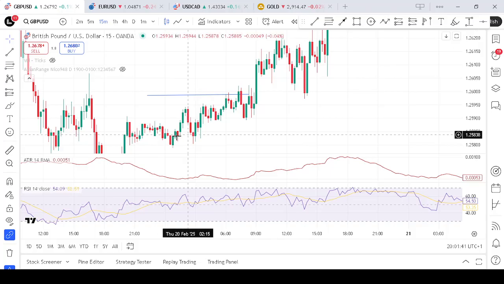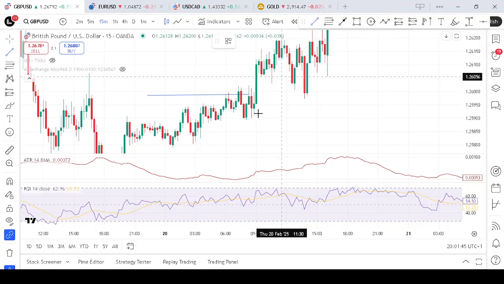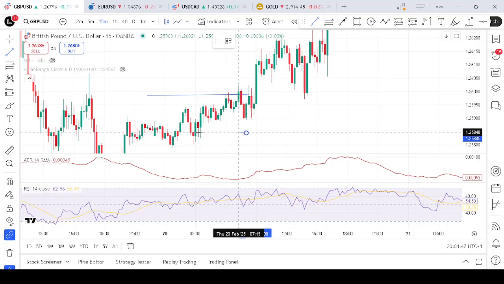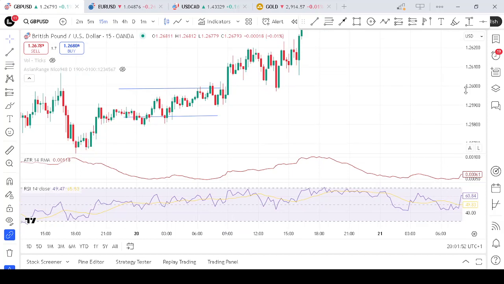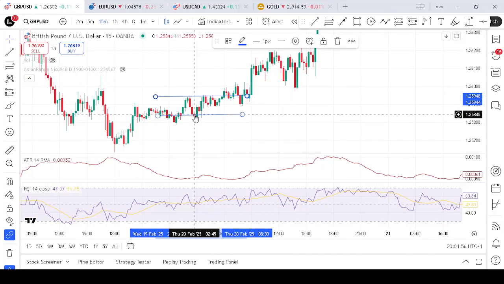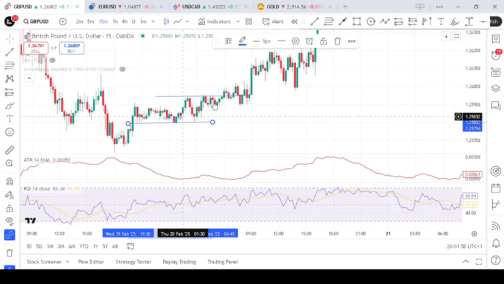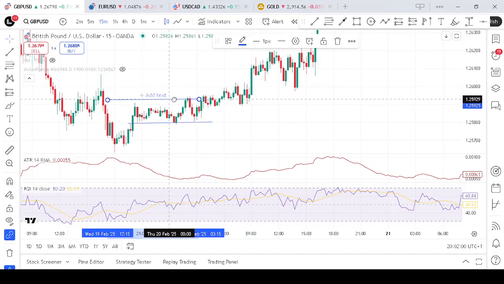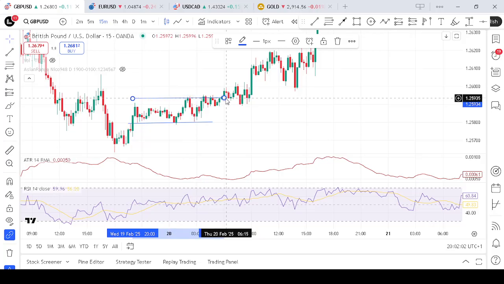This is actually a consolidation pattern. You can see in this area, let's use this area here. This is a consolidation pattern.